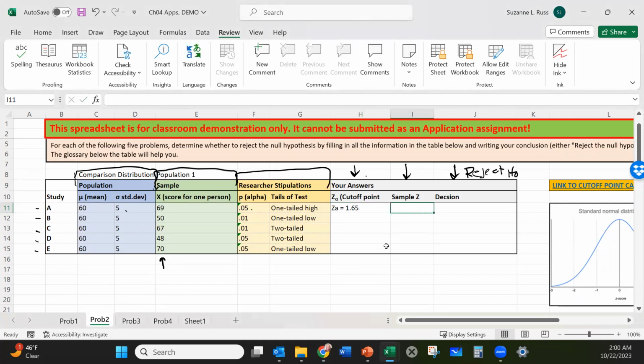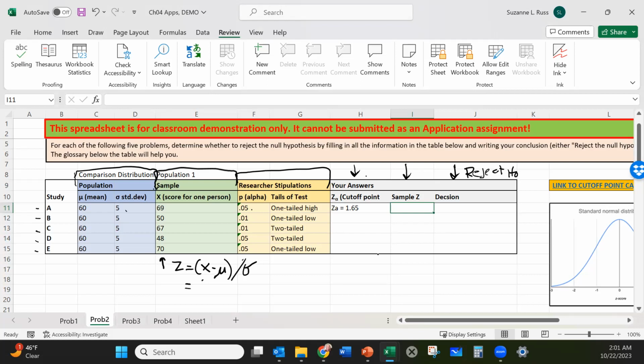Now we need our sample Z score. I'll calculate by hand, and then I'll do a second example showing how easy it is to calculate in Excel. So we know that Z equals X minus mu, divided by sigma. It is mu because we're using Greek symbols because we know on a large population. And here is the Greek symbol sigma referring to standard deviation. So let's figure this out.